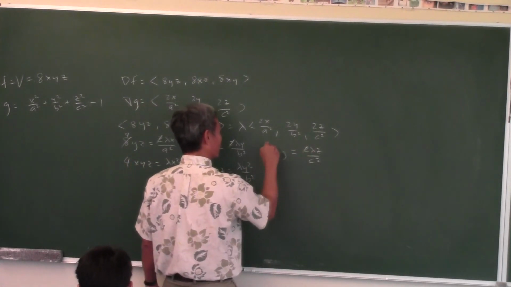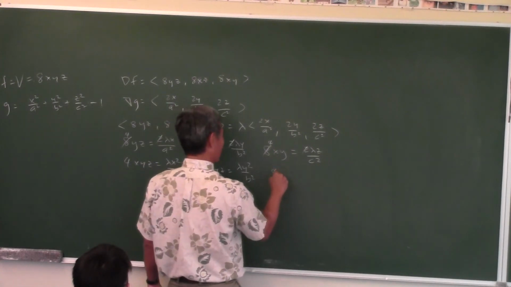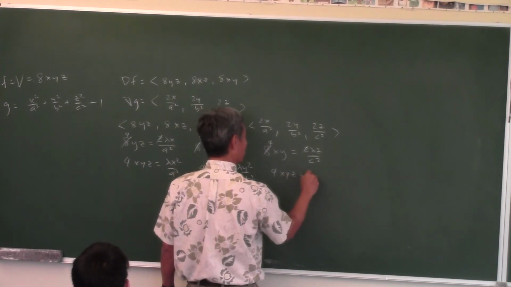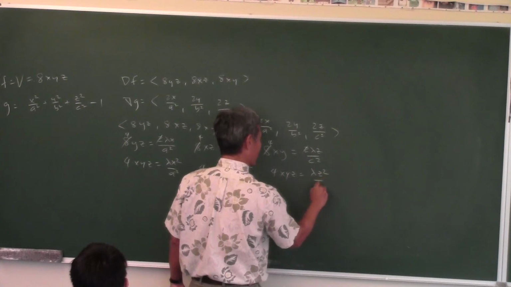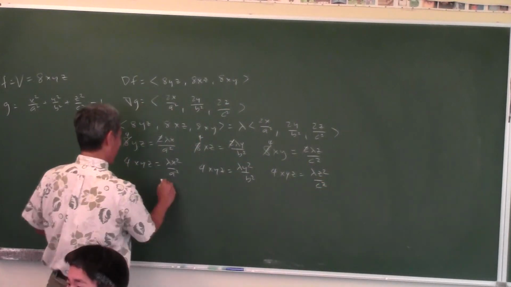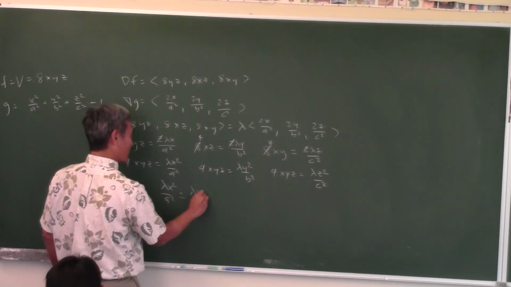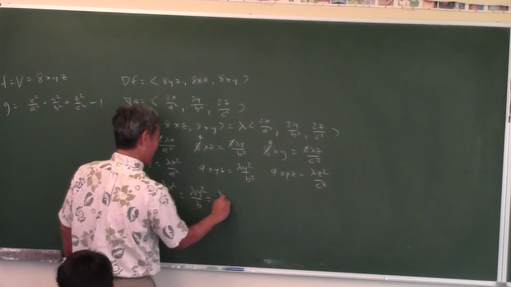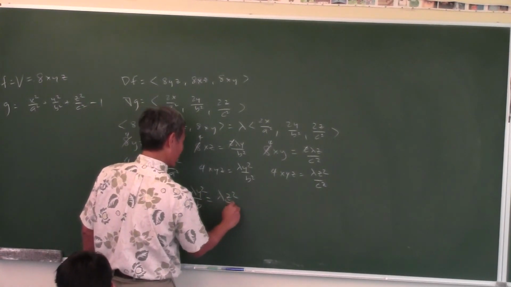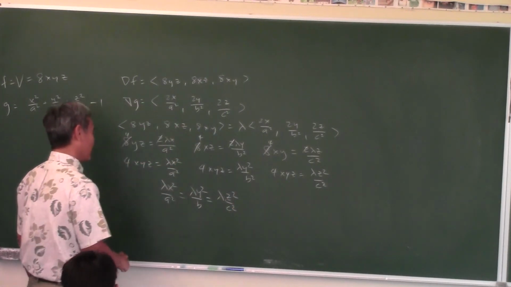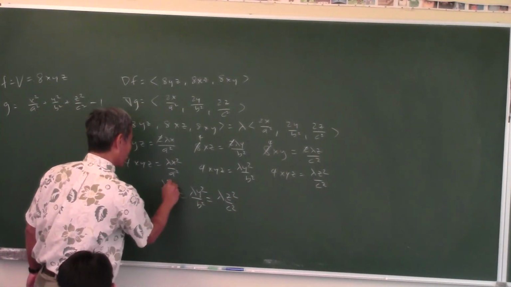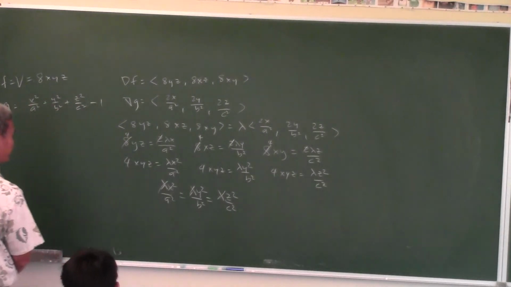Then multiply both sides by z, 4xyz is equal to lambda z squared over c squared. Therefore lambda x squared over a squared equals lambda y squared over b squared equals lambda z squared over c squared. Divide by the lambdas.